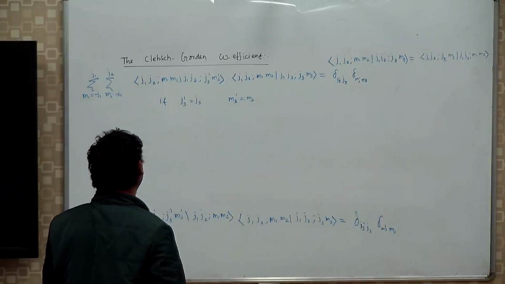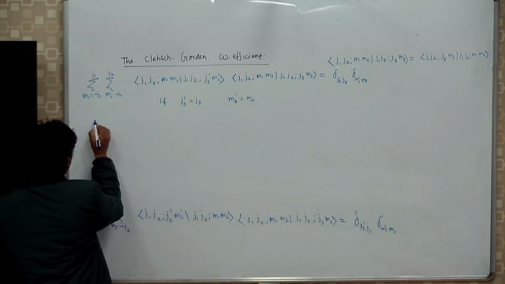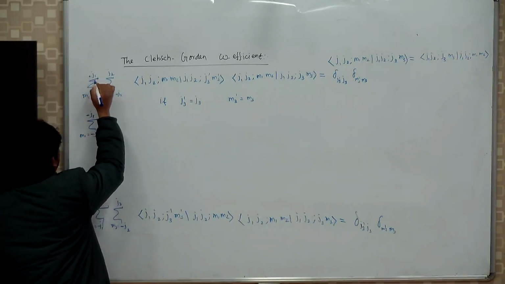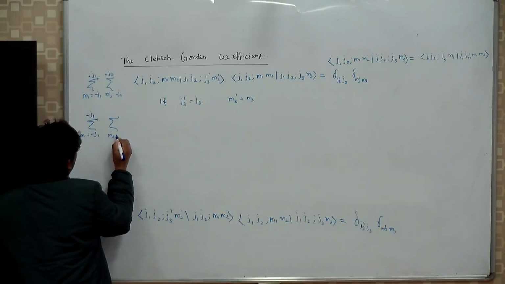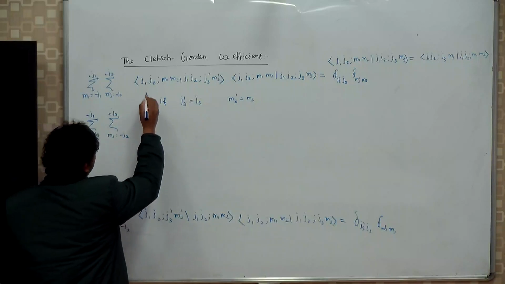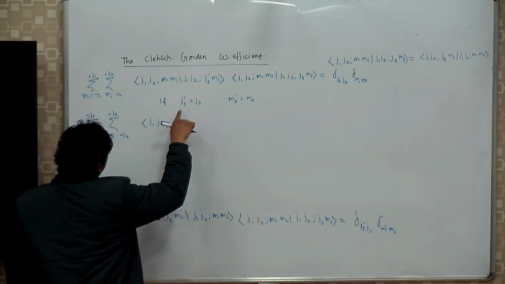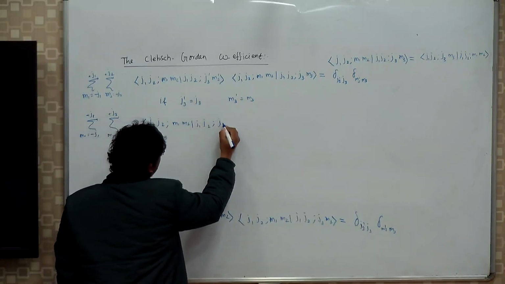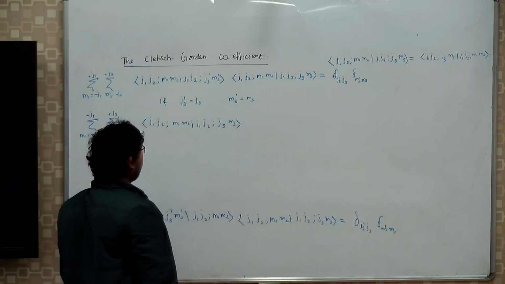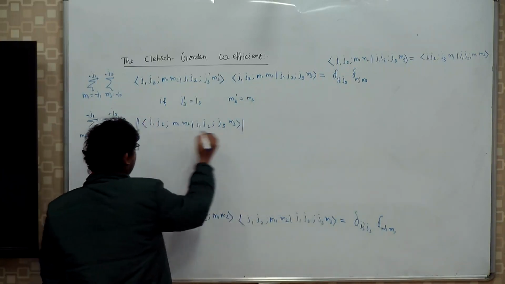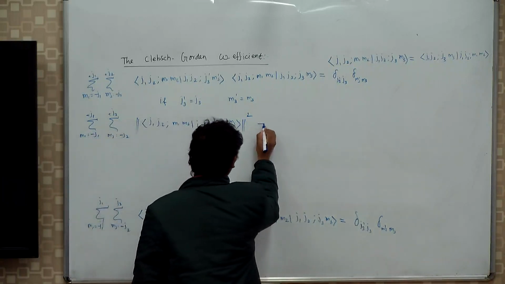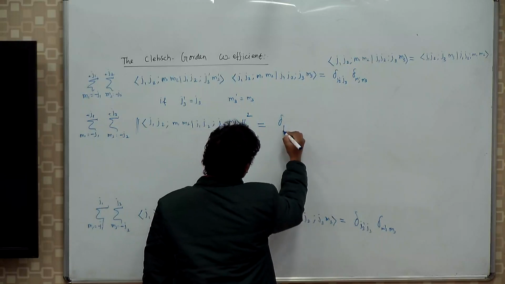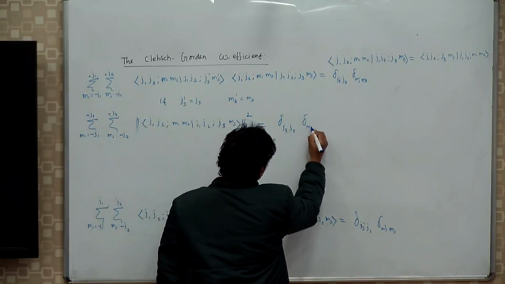If we apply that condition, then what we will get: sum over M1 from minus J1 to plus J1 and sum over M2 from minus J2 to plus J2, then this term J1 J2 M1 M2, J1 J2 J3 M3, then another term is there, and this is equal to delta J3 J3 delta M3 M3.